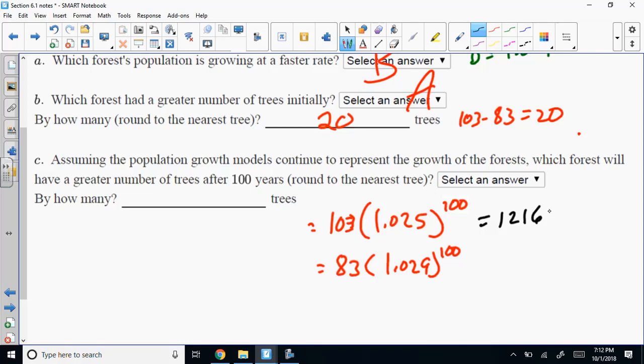Round to the nearest tree. So, not even close.